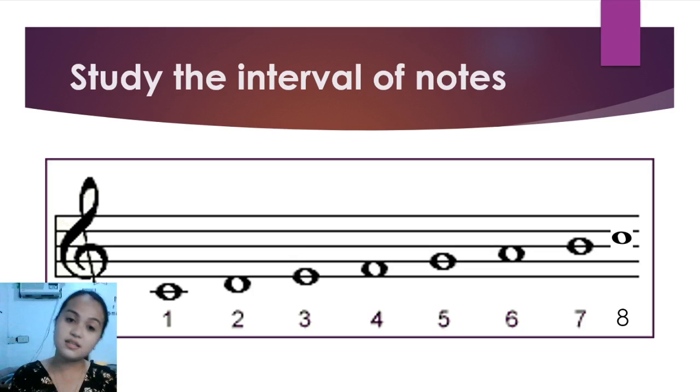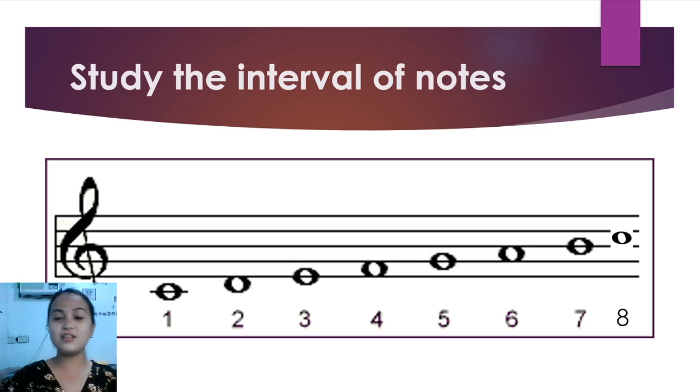The notes 1 and 2 are below the line. Always remember that 1 and 2 are below the line. They are on the space below the first line. That's right. And we start the first line in the third note.